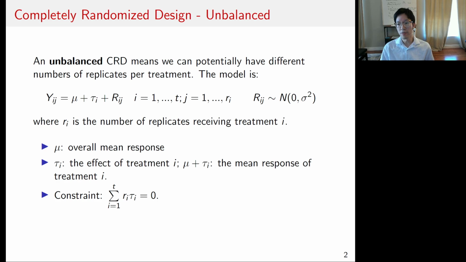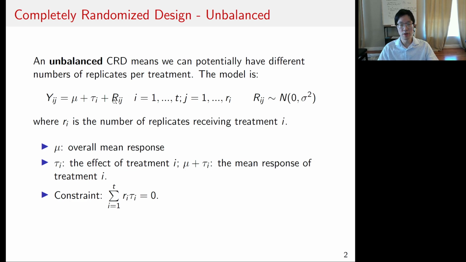The first new topic in this part of the course was taking the completely randomized design, the CRD, and extending it to have an unbalanced number of replicates. That means it's a CRD, but you can have a different number of replicates per treatment. This model represents the response in the ith treatment and the jth replicate as the overall mean plus a treatment effect and the residual.